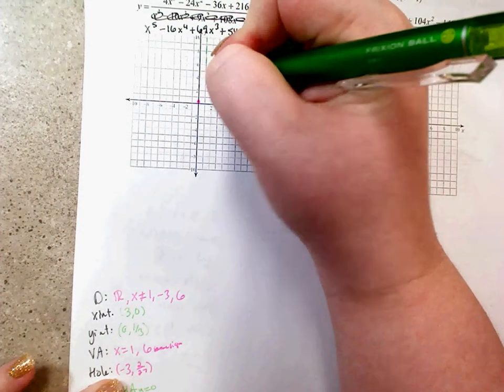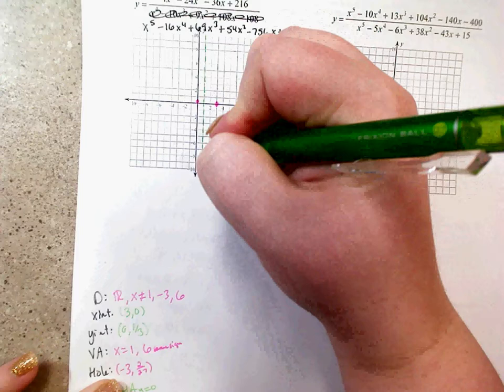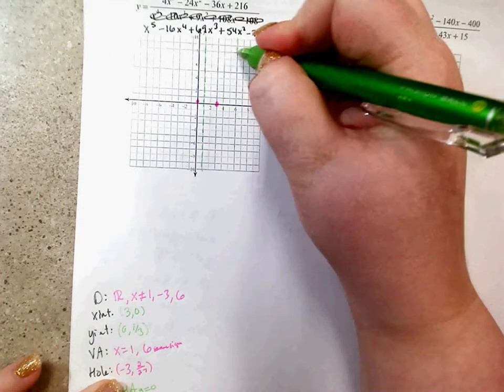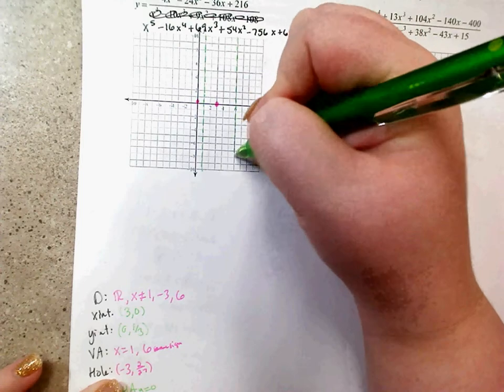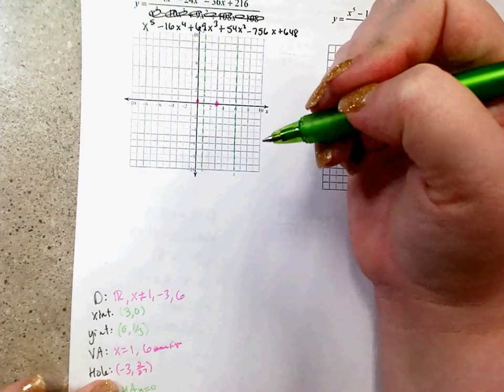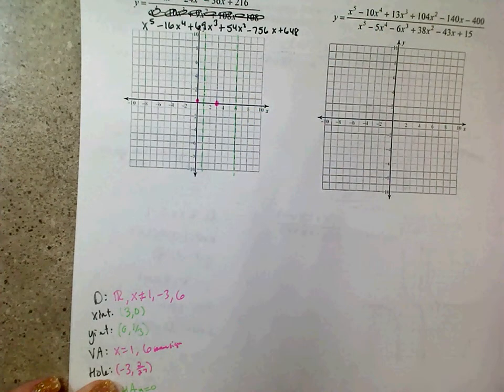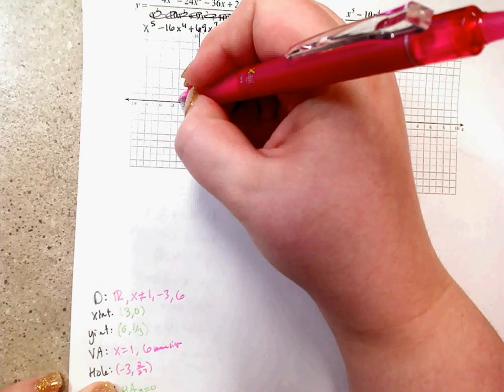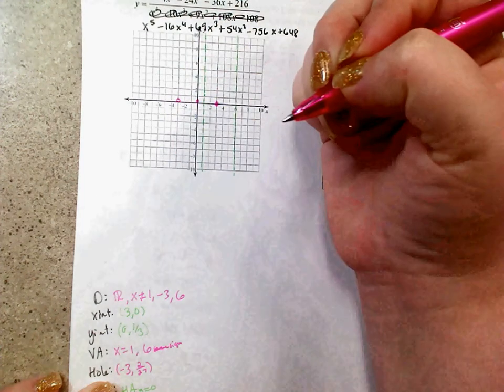I have a vertical asymptote at 6. I have a hole in the graph at -3, 2/27. So I'm going to go to -3. And 2/27 is a very small number, but it is a hole in the graph, so I'm going to draw an open circle there. And I have a horizontal asymptote at y equals 0.